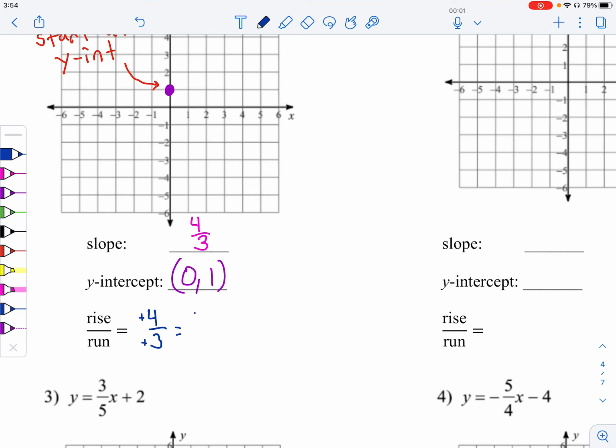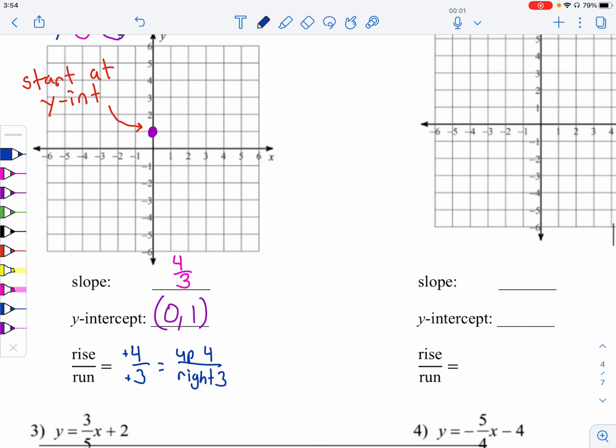So we're going up 4, right 3 from our starting point. So we're going up 4, 1, 2, 3, 4, right 3, 1, 2, 3. So up 4, right 3.